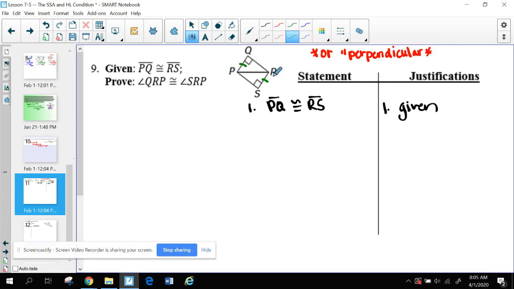We know PQ is congruent to RS. As you look at it, think about what these two triangles share. They share segment PR. So we can say that PR is congruent to itself. That is by the reflexive property.